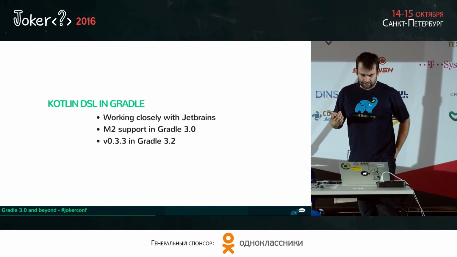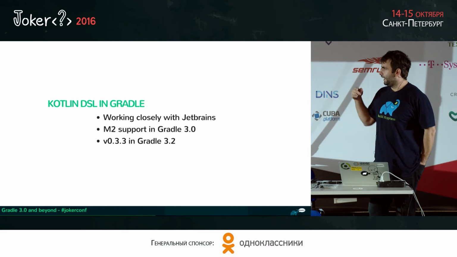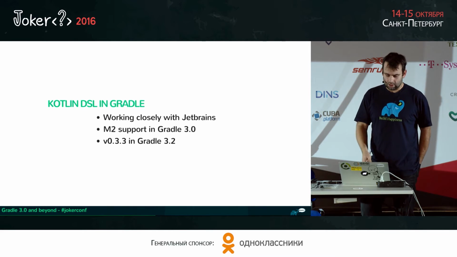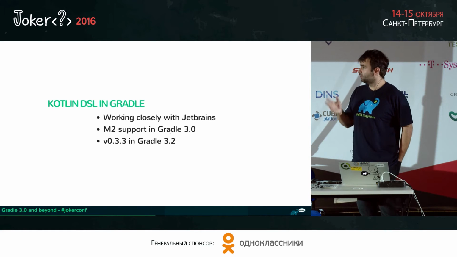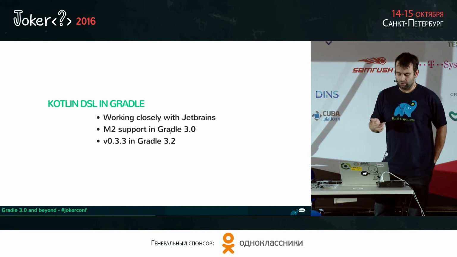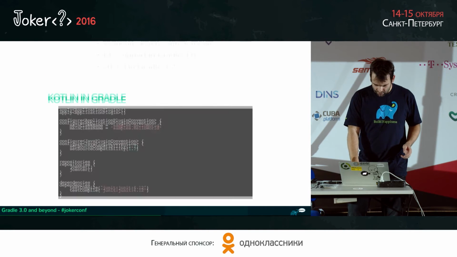In Gradle, we added Kotlin support in 3.0. Again, it's an incremental thing, nothing we do in a big bang release. With Gradle 3.0, I expect the release candidate to come out next week, and then maybe in 2 weeks there will be even better support for multi-project builds and so on.